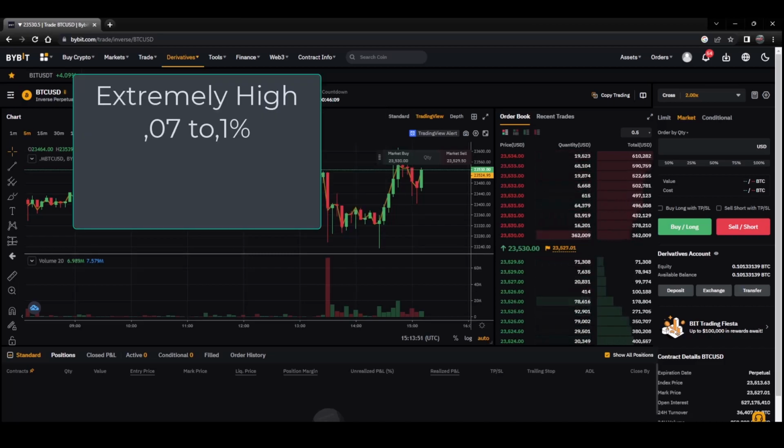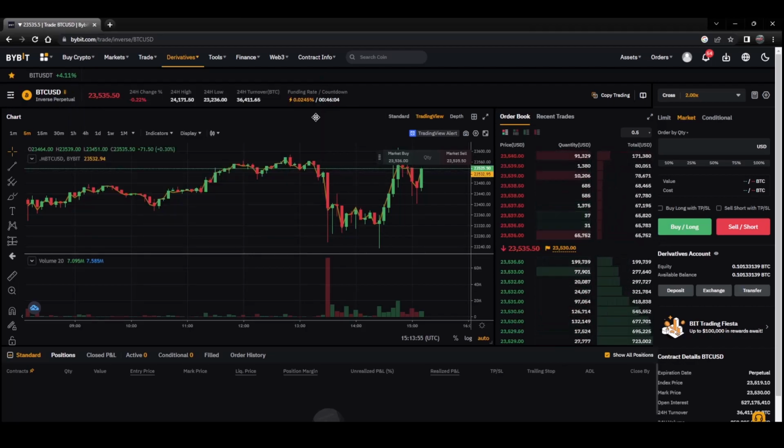If it's a positive number, it means longs pay shorts. If that number were negative, it means shorts pay longs. And that tells me my bias is going to be bullish because of that.